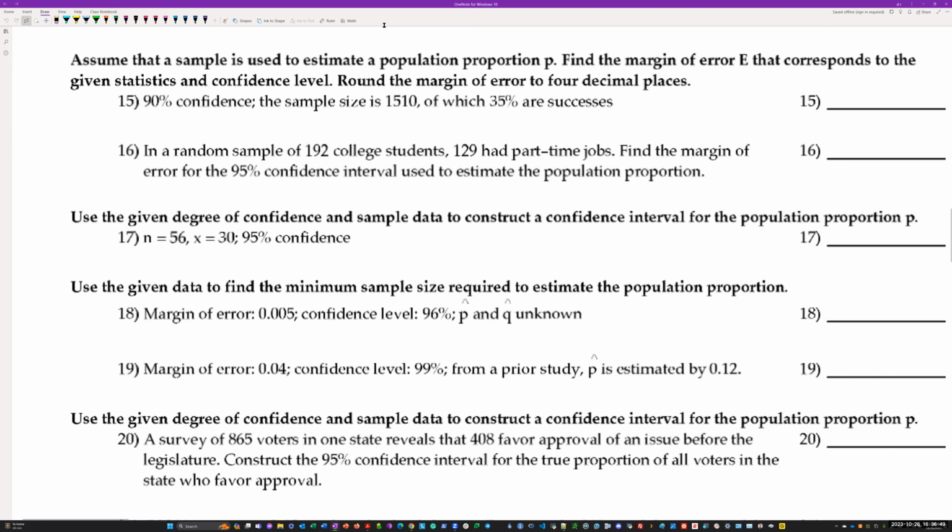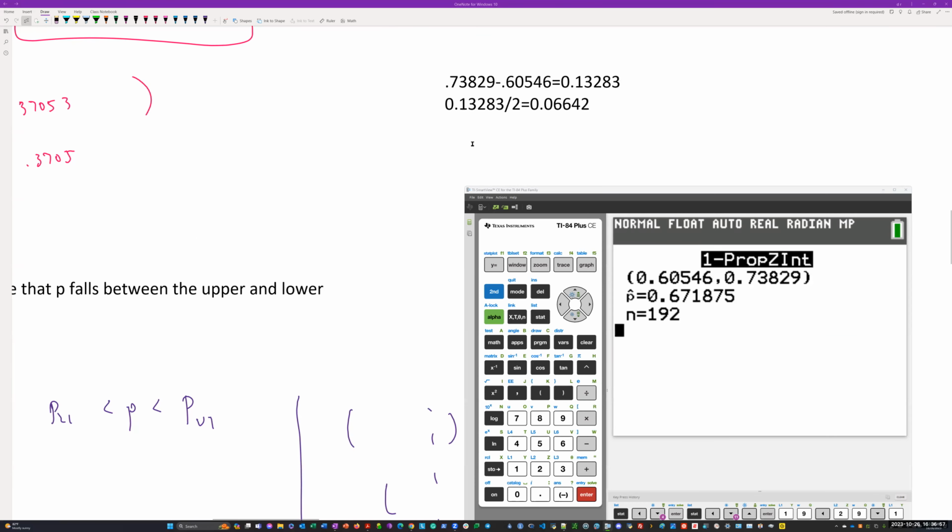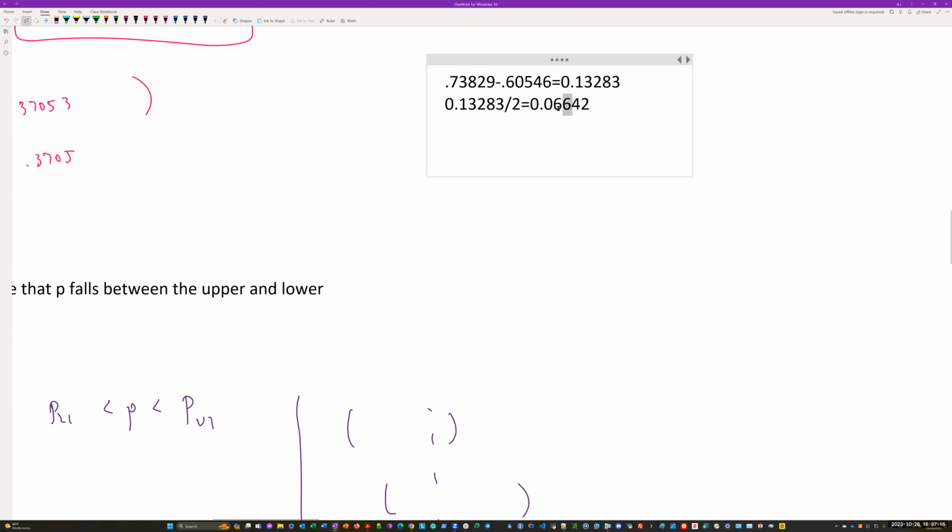Yeah, that sounds fun. All right, now, all you have to do is type this into one prop z int, then you get this. Then you just have to know what margin of error means, and you should be able to do it. Question? 6.6%.